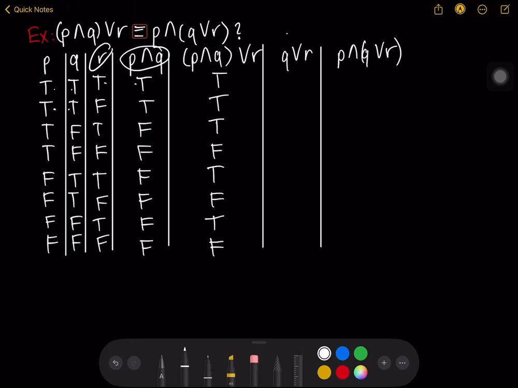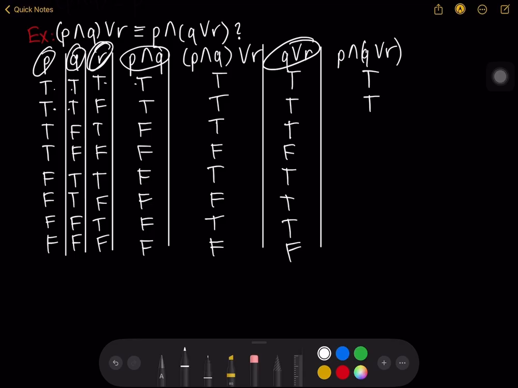Our 6th column, we have Q or R. So true or true is true. True or false, true, true, false, true, true, true, false. Okay, so now P in this row. True and true is true, true, true, false, false, false, false, and false.